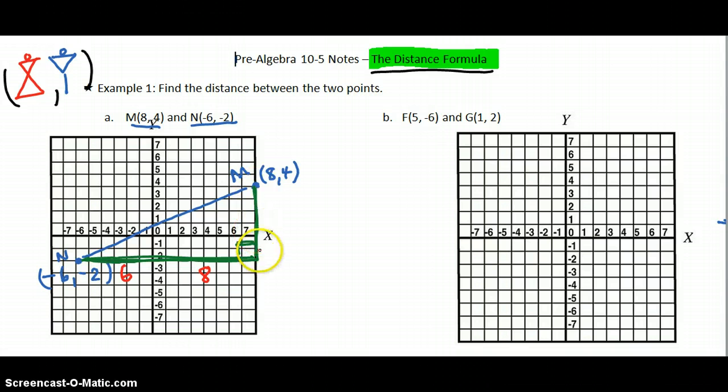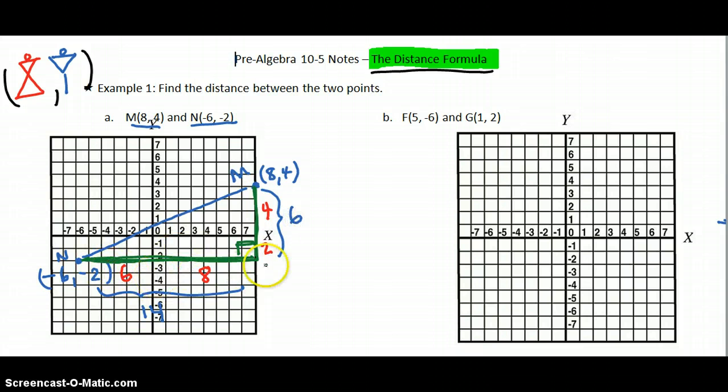To figure out the length of this leg, from 0 on the y-axis, I moved down 2 spaces, and I moved up 4 spaces, making the length of this leg a total of 6.